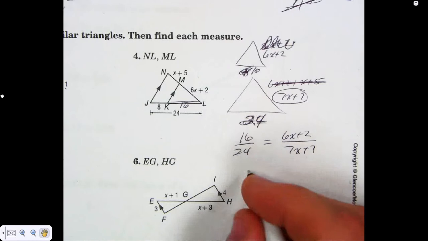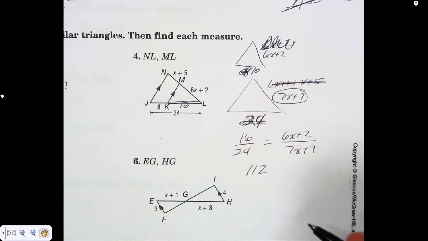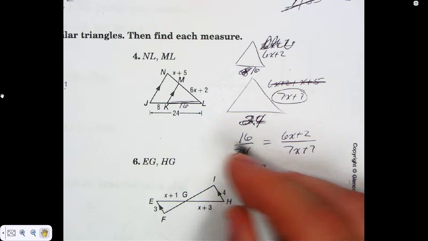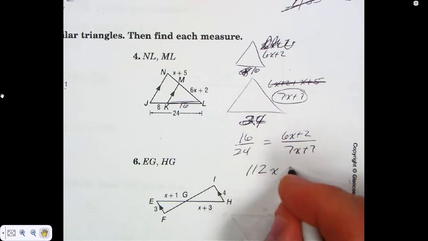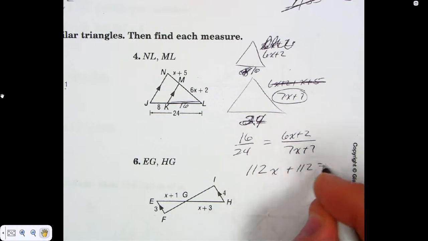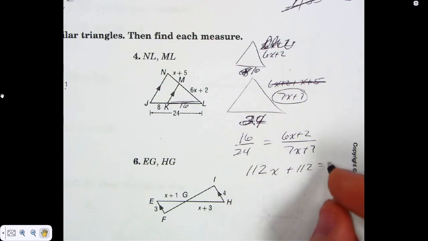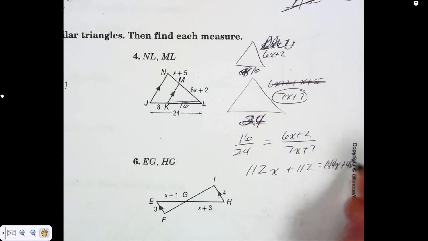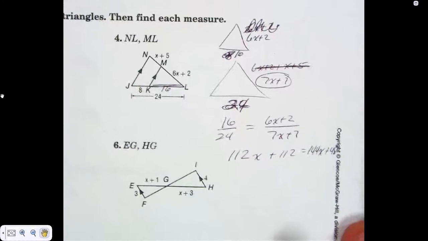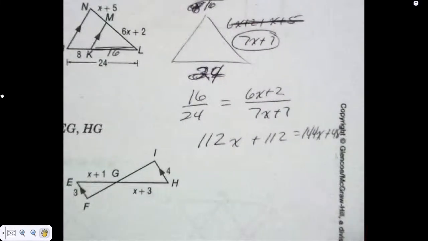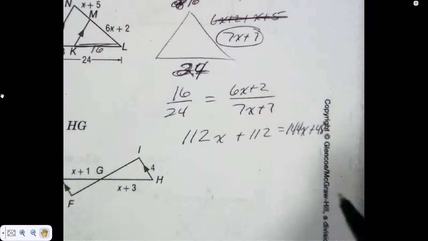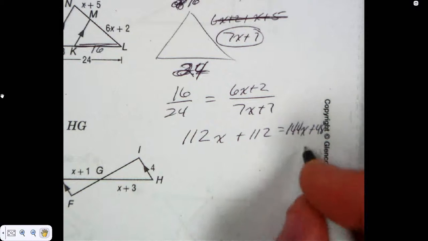What's 16 times 7? 112x plus 112 is equal to 144x plus 48. Just watch up here. Don't worry so much about writing it down right now.